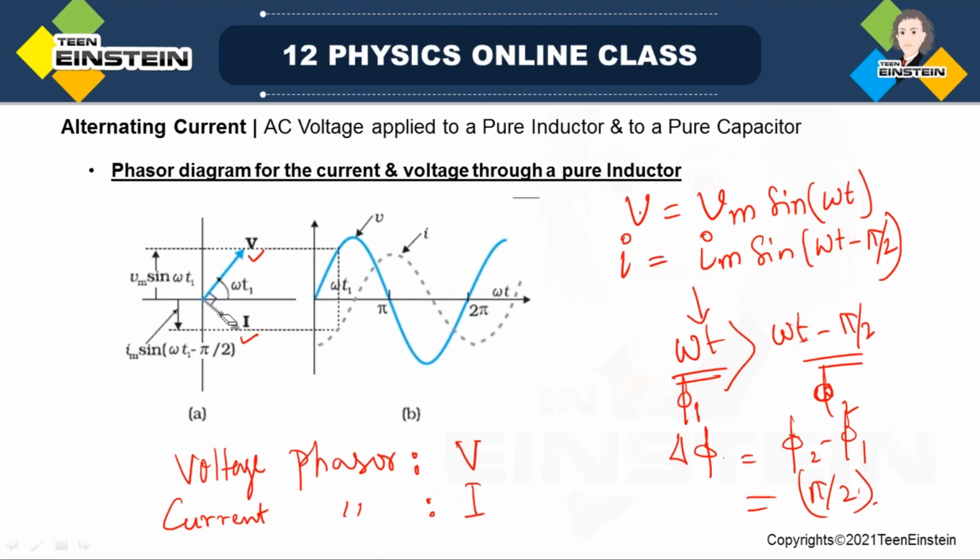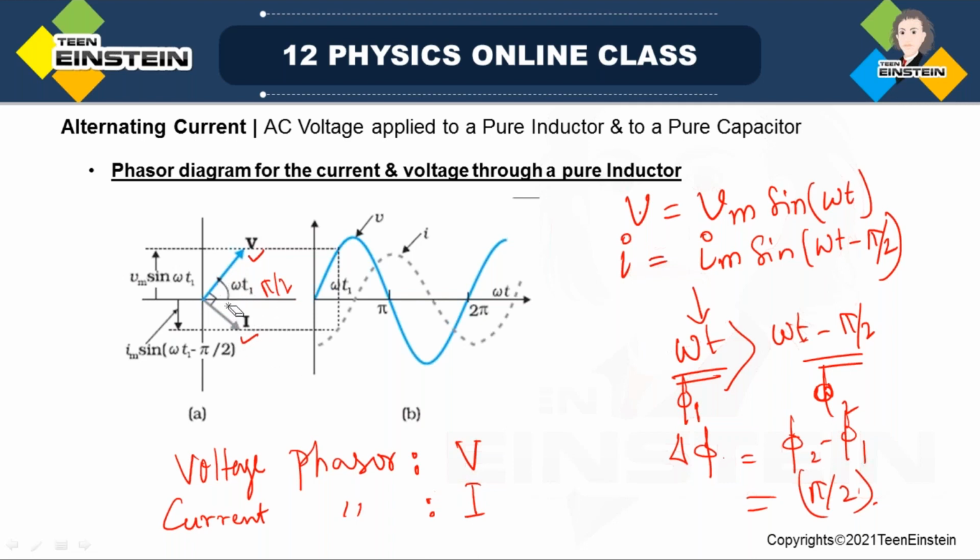So look here, this is omega t, and this whole angle is omega t minus pi by 2. Sorry, the whole angle is pi by 2, 90 degrees, and this one is omega t minus pi by 2, or in other words, pi by 2 minus omega t, whatever you can say.